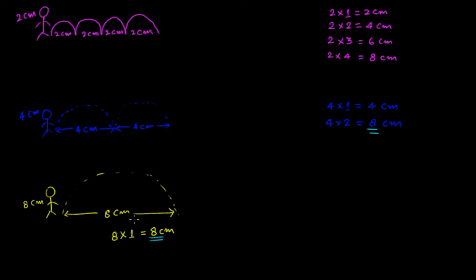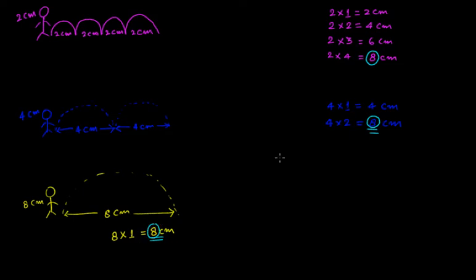Now, out of these, can you see that this person in 4 steps has covered 8 centimeter, this person in 2 steps has covered 8 centimeter, and this person in 1 step has covered 8 centimeter, and 8 centimeter is nothing else but the least common multiple. This is the least common multiple, right?